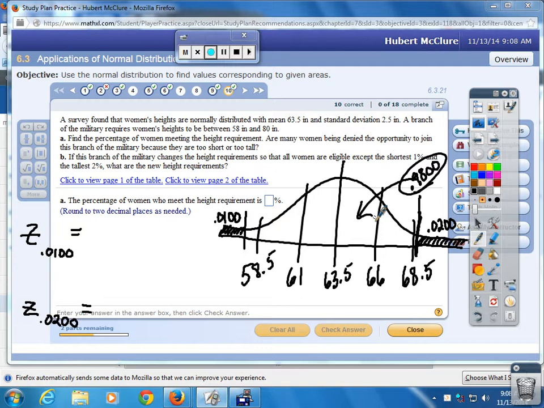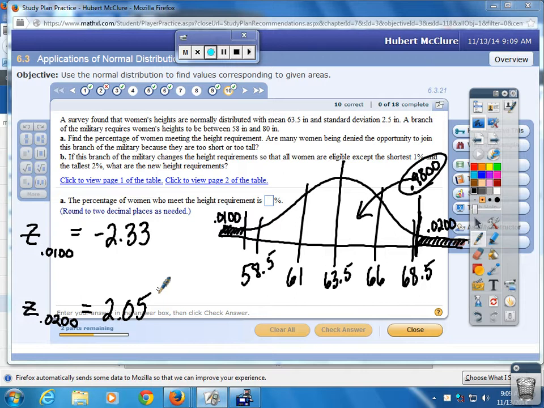Negative 2 point what? Okay. And give me 0.0200, or I'm sorry, 0.9800. Do inverse norm 0.9800. What do you get? 2.05?